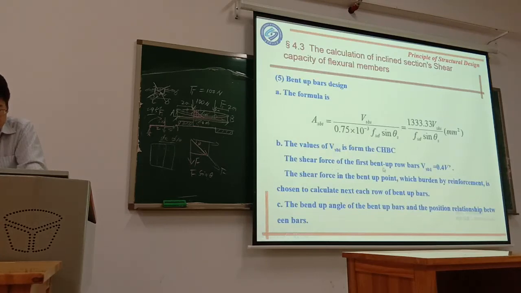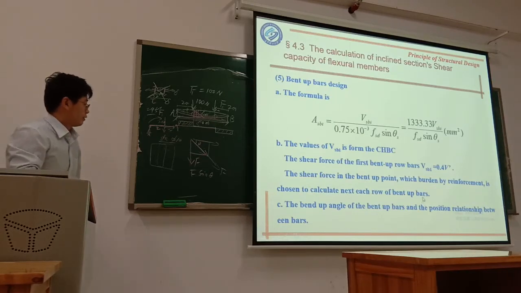So the shear force of the first bend up row, Vsb1, we take 40% of the total shear force. And the shear force at the bend up point, which is borne by the reinforcement, is chosen to calculate the next row of the bend up. So that's what it means.